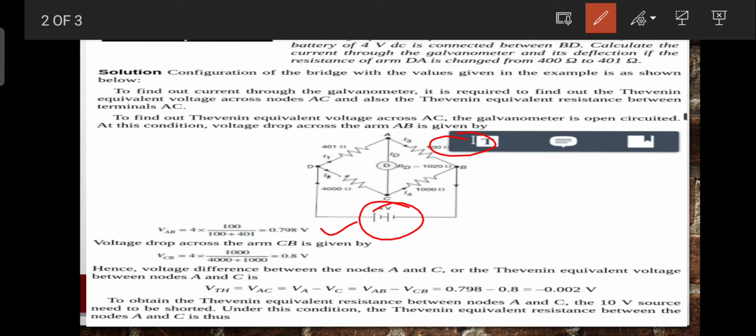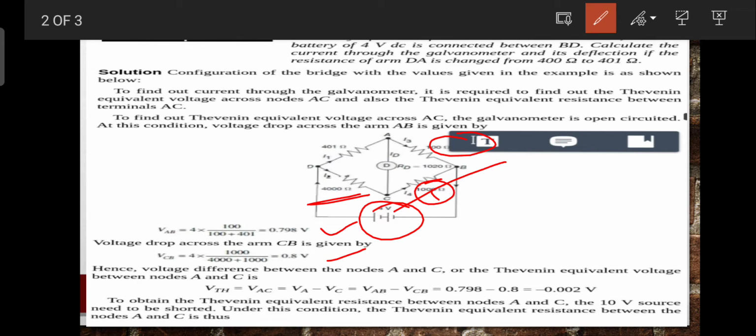And the voltage across C and B is the voltage across the battery into the 1000 ohm resistance divided by the total resistance, that is 1000 plus 4000 ohm. By calculating this we get 0.8 volt.